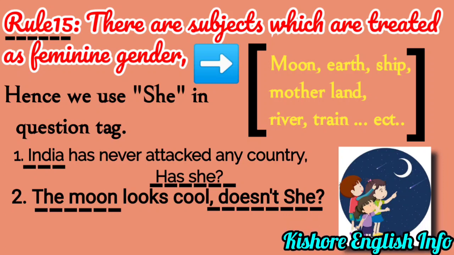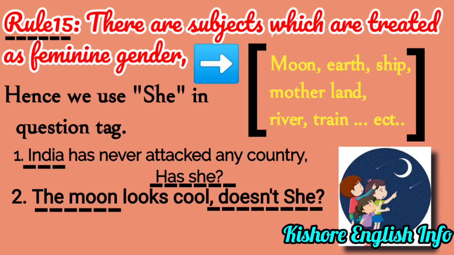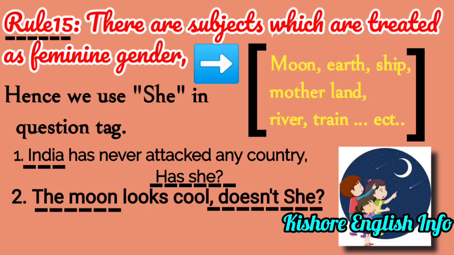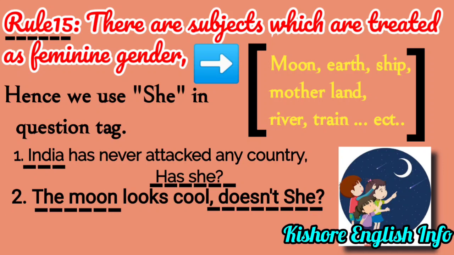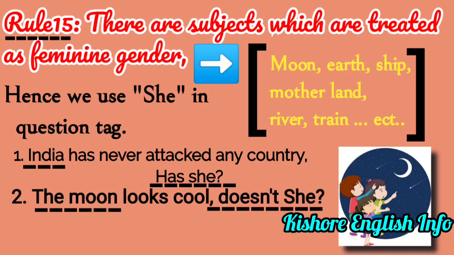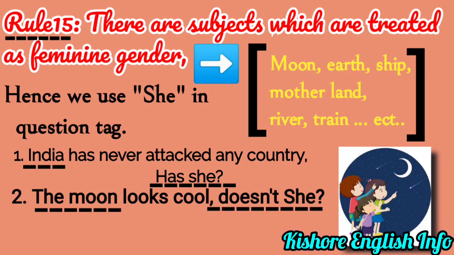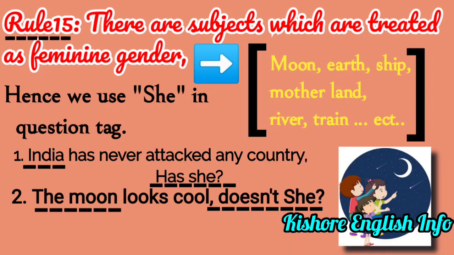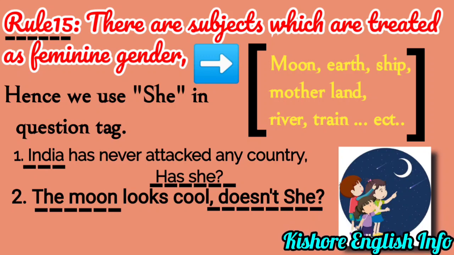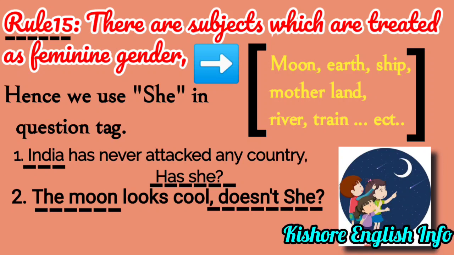For example, India has never attacked any country, has she? Never is already negative, so we use a positive tag: has she. The moon looks cool. We take the moon as a she, so doesn't she?